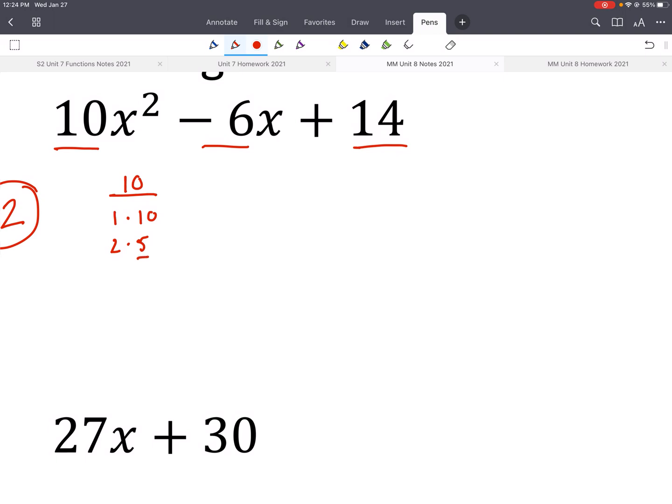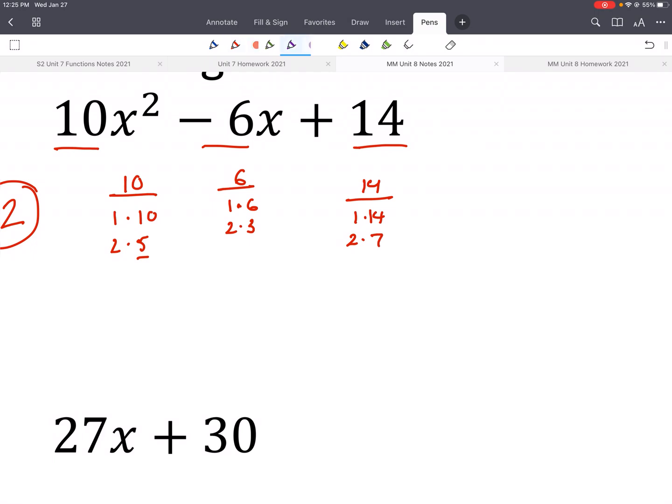So these are all the numbers that can divide 10. And then you can do it with the 6, so 1 and 6, or 2 and 3. Those are the only numbers that divide 6. And then for 14, we could do 1 and 14, 2 and 7, and that's it.